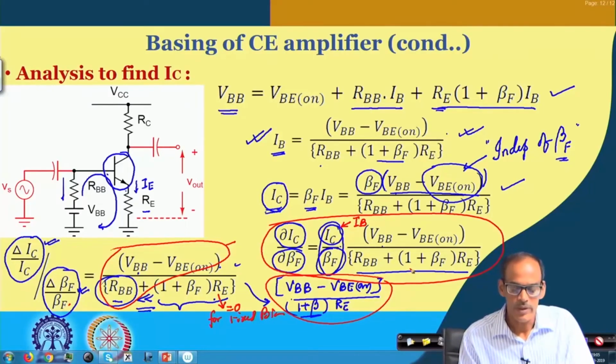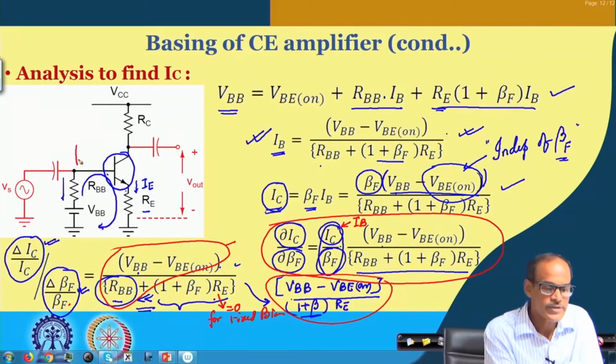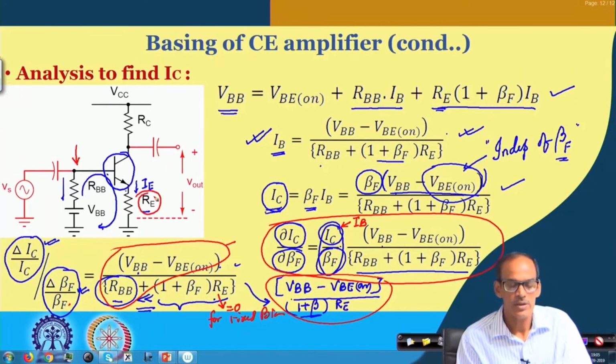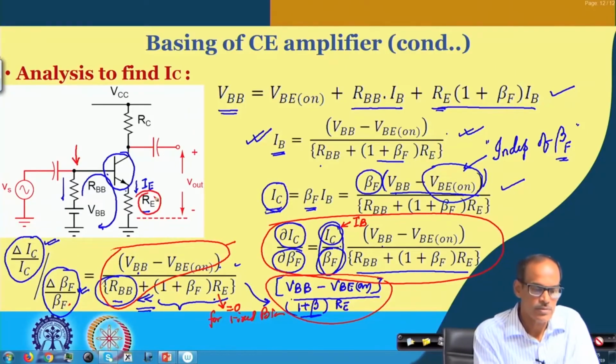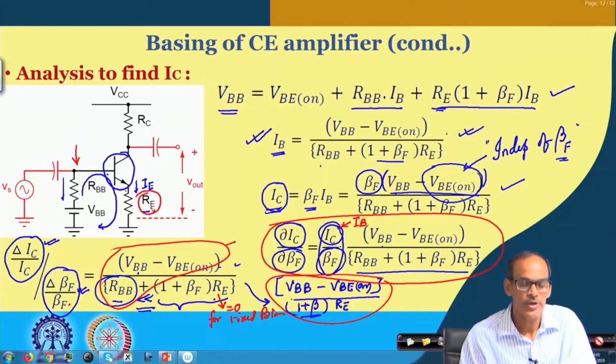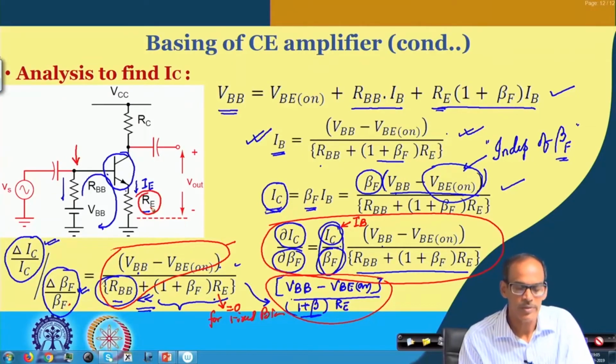So, what we would like to say here is that we would like to bias this circuit in terms of voltage, and we would like to place this emitter resistor to get better stability of the operating point, particularly if we are changing the transistor to another one having a different beta, or if the beta is changing due to thermal runaway. This circuit will have better stability.